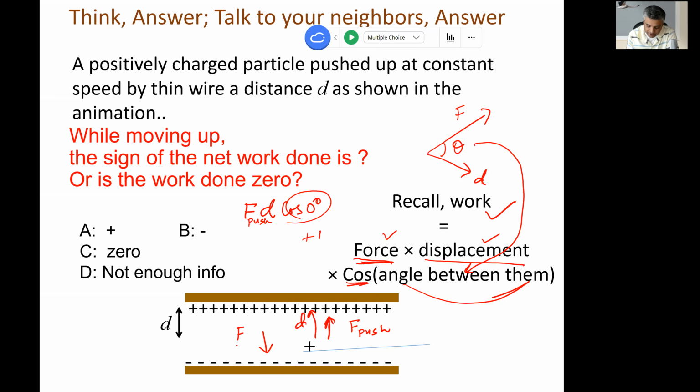And where is that force coming from? Electric one, right? The charge is pushing it down. And if that was the case, then theta would be 180 degrees, meaning negative work. Cosine 180 is negative. So we got both positive and negative.